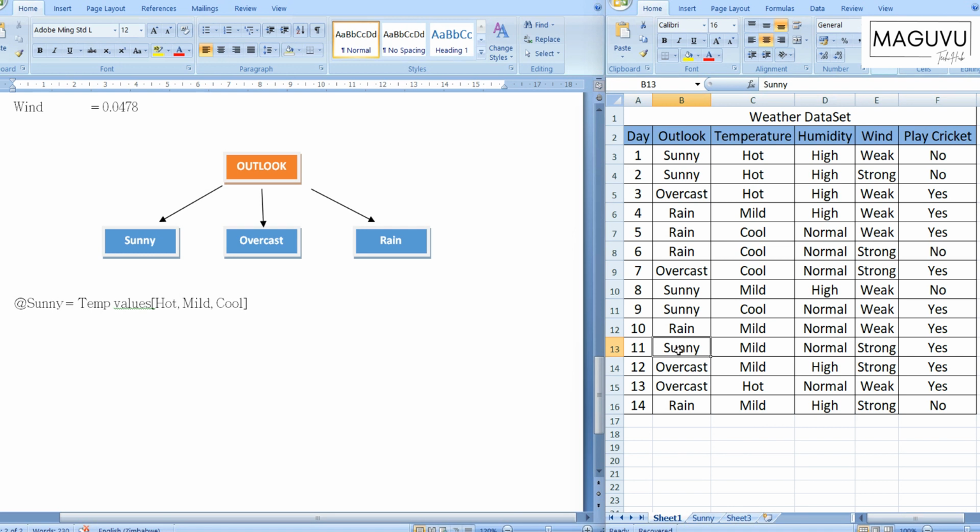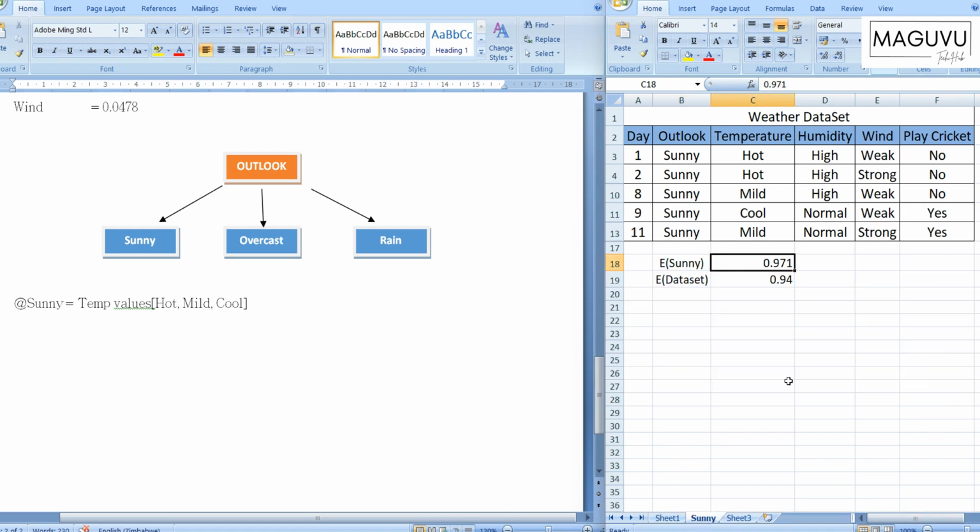So for representation there, what we do is we extract only these days so that our data set is somehow reduced. So we end up with day 1, day 2, day 8, day 9, and day 11, which has got a sun. So now we want to consider hot and sun.